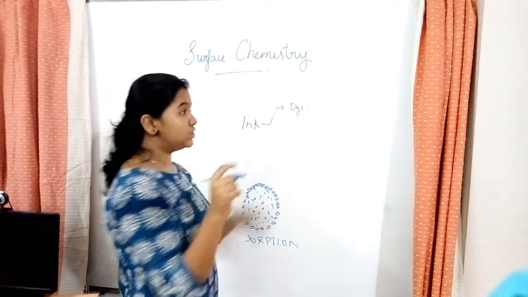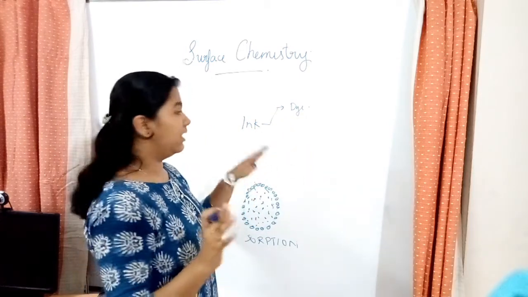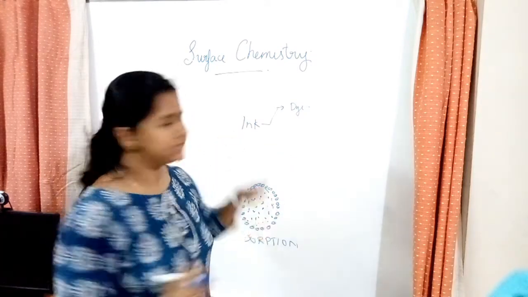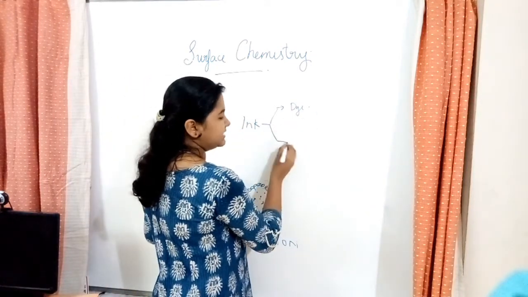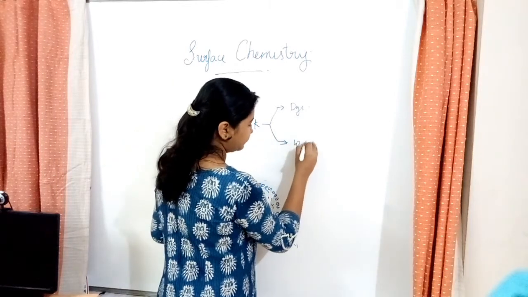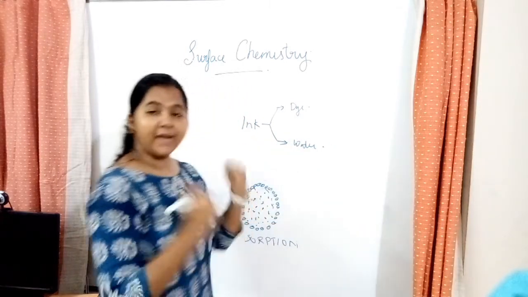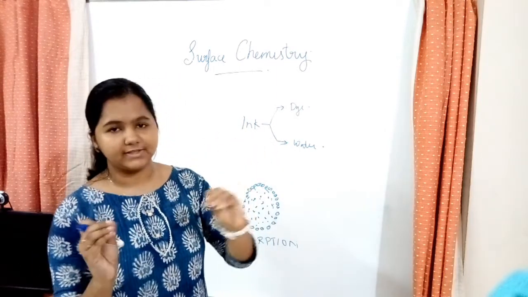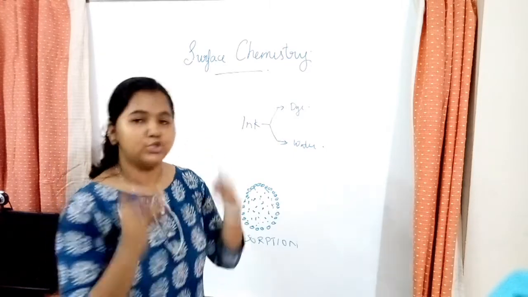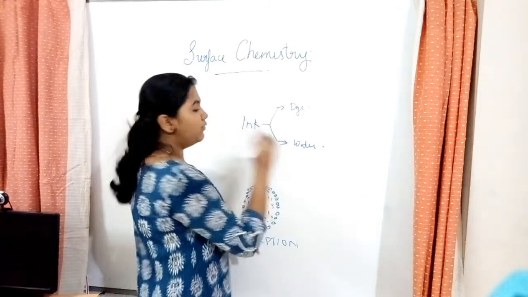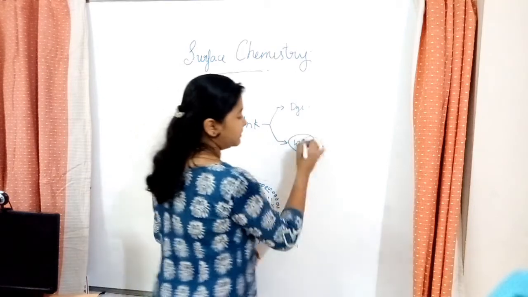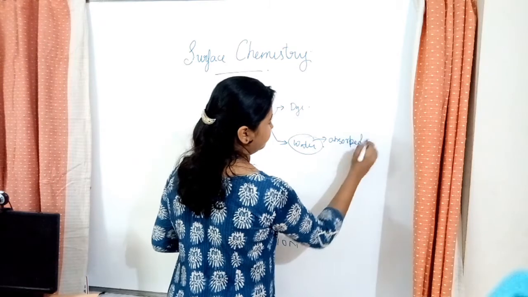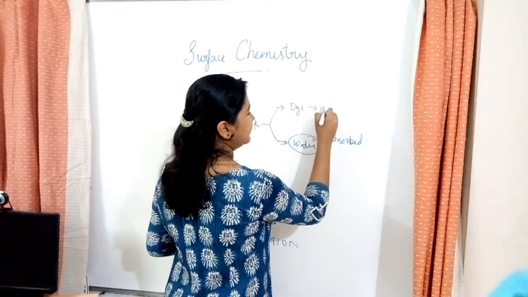The previous case I took as dye only, not ink. Ink has two components: dye, and the second one is water. When you break the chalk, you can see there is no dye inside, but there is the water content. The water content has penetrated through the bulk. So what can we see? The water is being absorbed and the dye is being adsorbed.